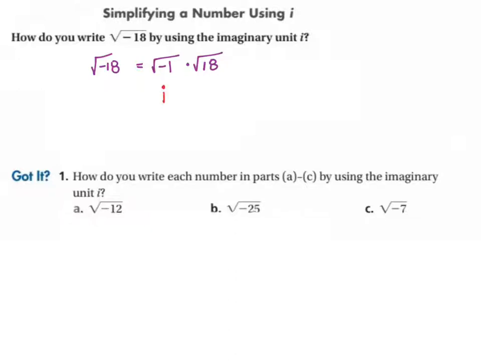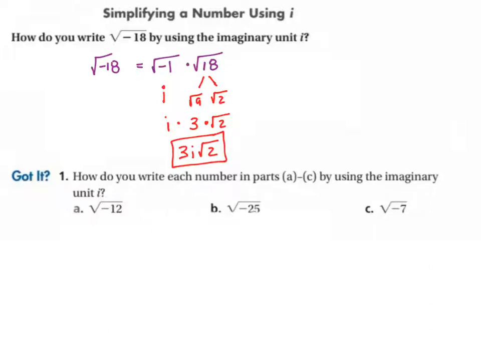But here's the thing, the square root of 18 is not a perfect square, but it can be broken down farther. So we get the square root of 9 and the square root of 2. We can take the square root of 9, which is great. That's what we want to do. The square root of 9 is 3. So we've got i times 3. The square root of 2 can't be reduced anymore, so that's the square root of 2. And so our final answer becomes 3i square root of 2.